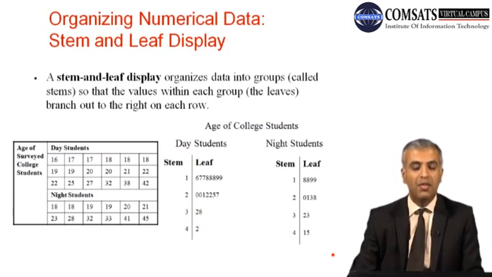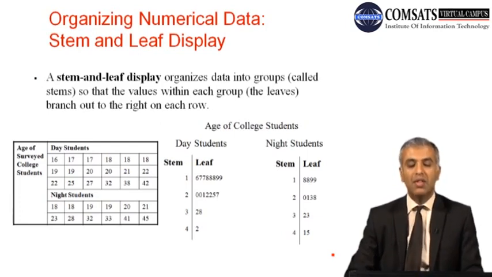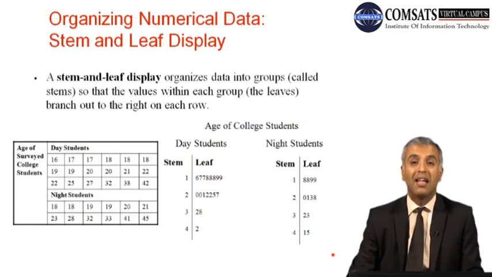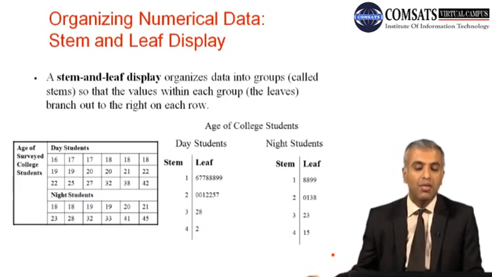So the common first digit is 2, and that is also called the stem, and the rest of the values are written in the leaf part. Likewise we have distributed all the other values in stem and leaf for day students and night students as well, and displayed them in this form.